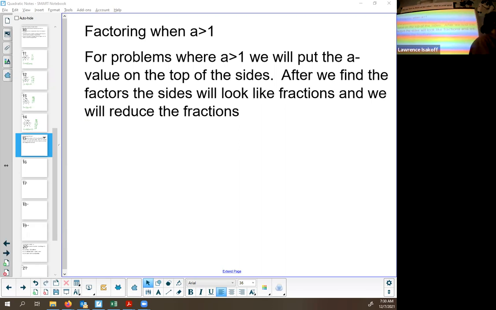In doing that, that actually takes out the hardest part of doing this factoring if we're not using this organizational method. Because that A value is greater than 1, it really adds a lot more thinking and a lot more guessing and checking.